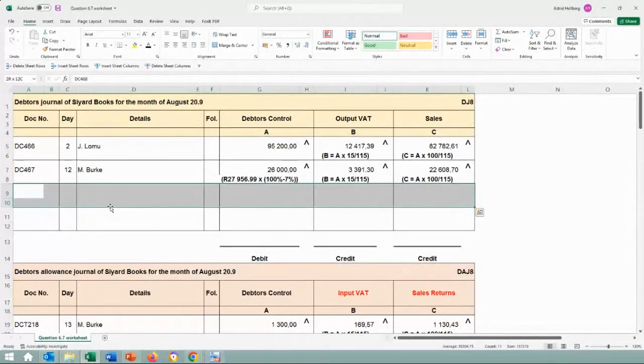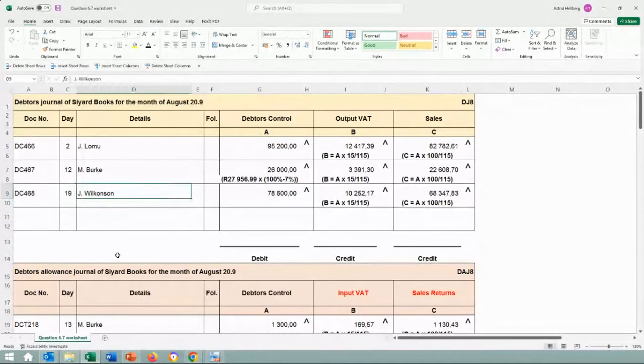We fill in DC468 on the 19th, J. Wilkinson, 78,600, and then we calculate the VAT by multiplying the 78,600 with 15 over 115. To work out the sales, we take the 78,600 and multiply it with 100 over 115, or you can take the debtors control less the output VAT to work out your sales.